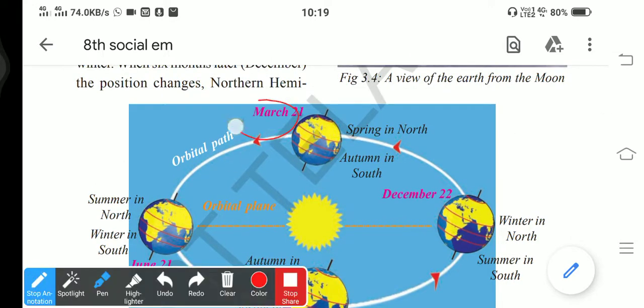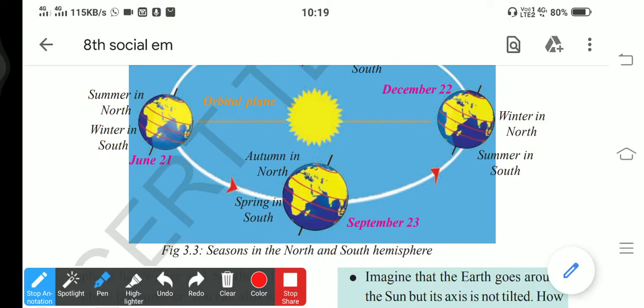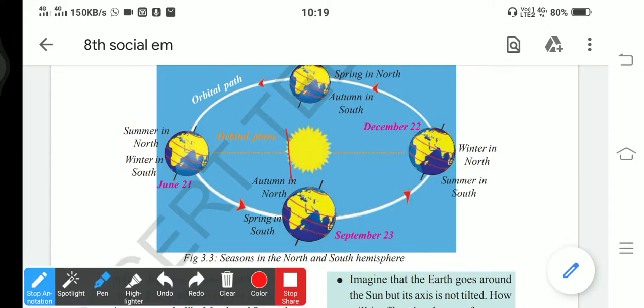On March 21st and September 23rd, sun rays fall vertically on the equator. These are the days when both the northern hemisphere and the southern hemisphere get equal sunlight. That means at the equator, the day and night will be the same.